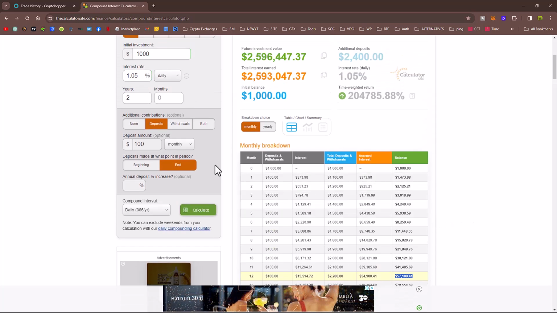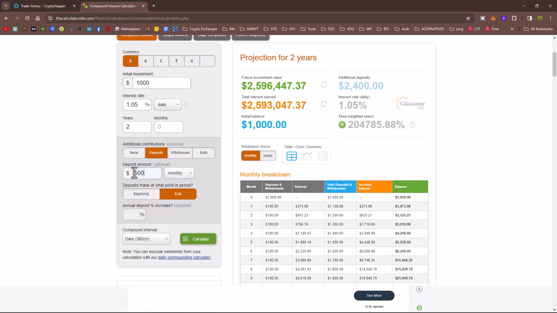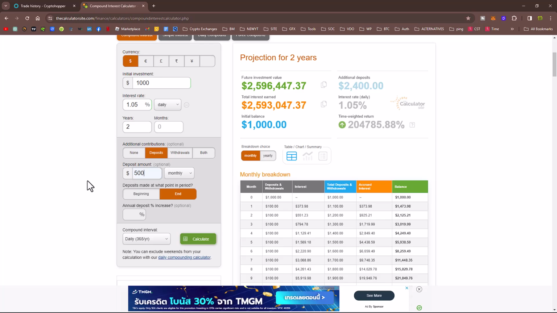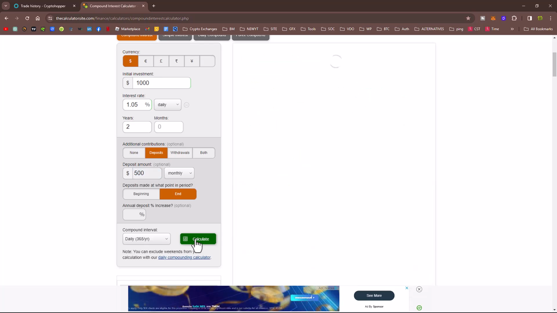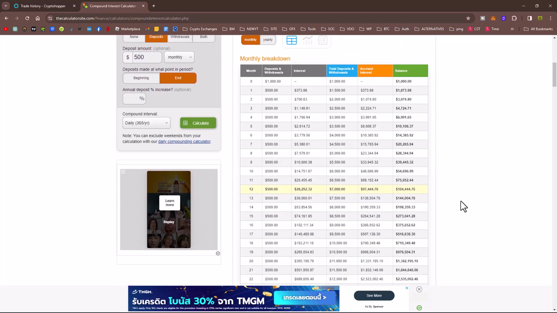Alright? But what if you're adding in $500 a month to your bot? Cryptohopper, compounding 1.05% daily, plus adding $500 every month at the end of every month. Alright, by the end of year 1, you'd have $104,000.